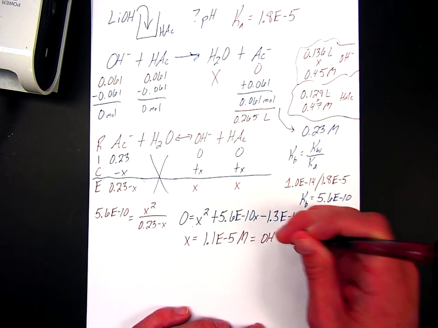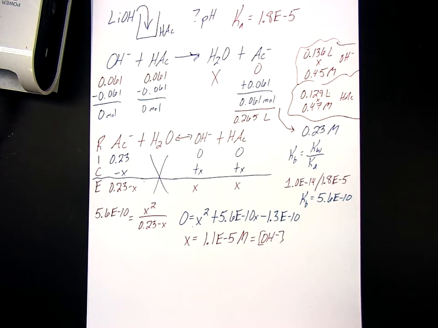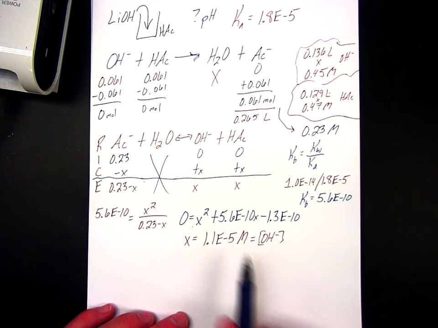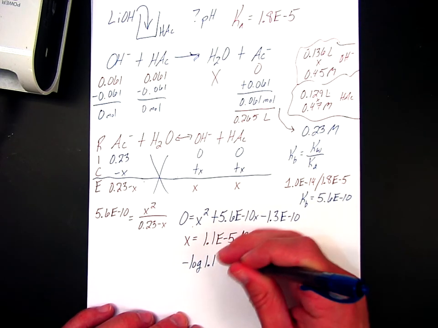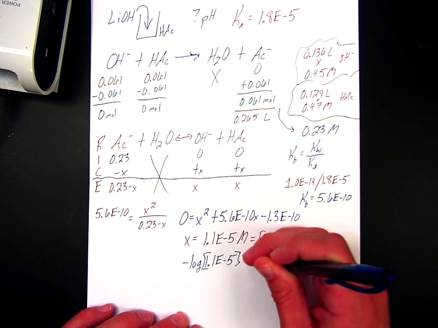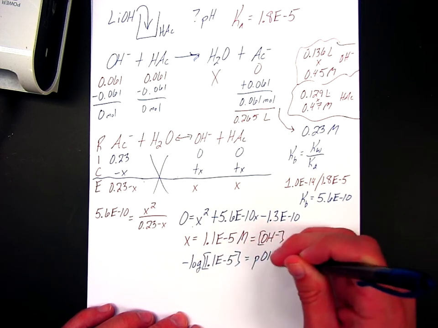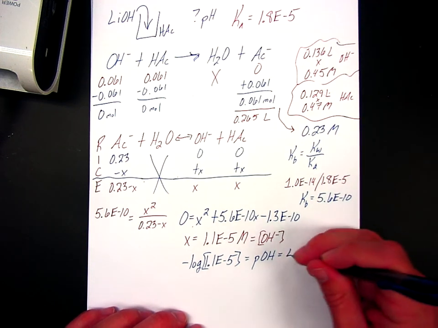So that's what I have right now. We're trying to get to pH. So we have a strong concentration here, so I can take the negative log of that number, and it'll give me a pOH since we are analyzing hydroxide, and I get 4.96.